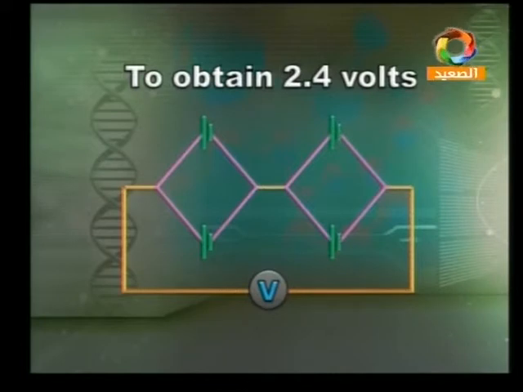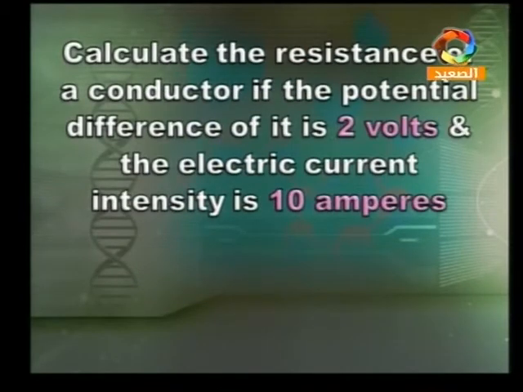Each one of these parallel connections makes 1.2 volts. We can have another type of connection if you connect three cells in parallel and one in series. Do you think we can obtain it? Yes, it's easy and also right, but this is the best way to obtain 2.4 volts. Good, let's see the other one.